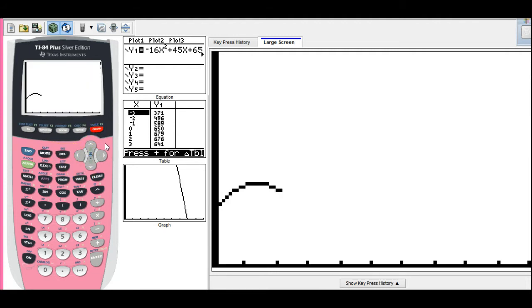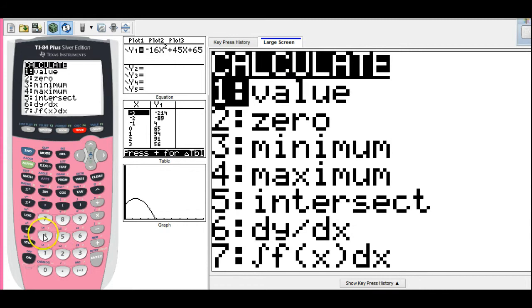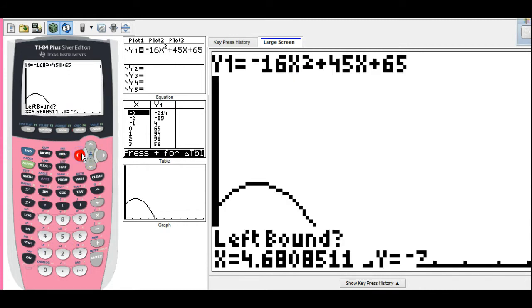All right, so now if we graph this guy, we can see it. We could bring it down if we want, but we can see it. And it is asking again for its maximum height and how long it's going to take. So second, calculate. We want to find the maximum. So left bound, we've got to get over there.